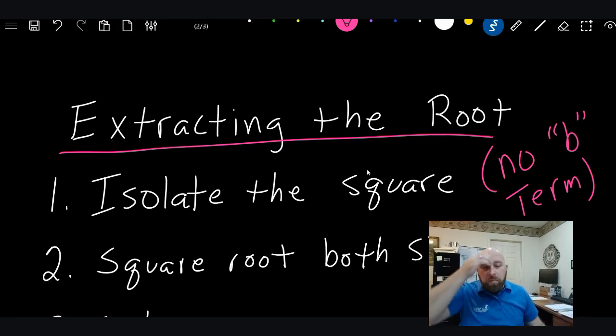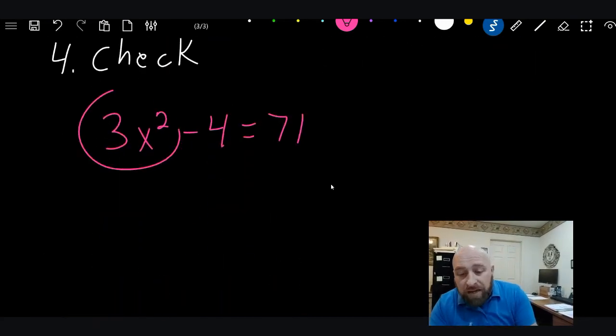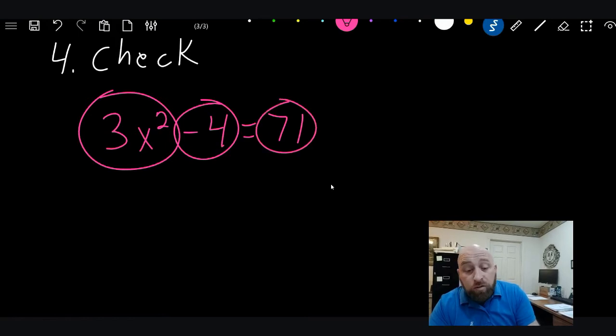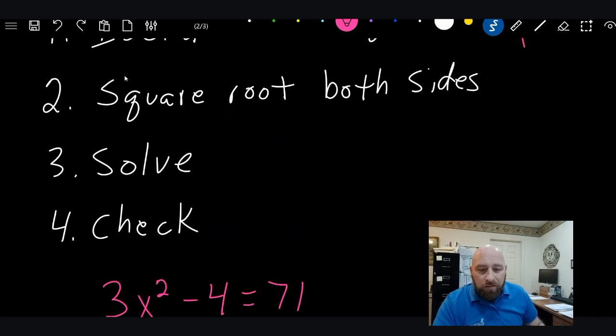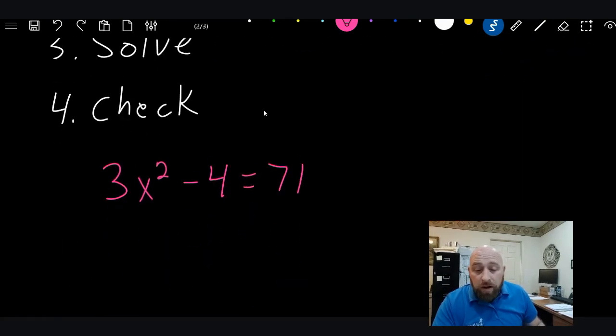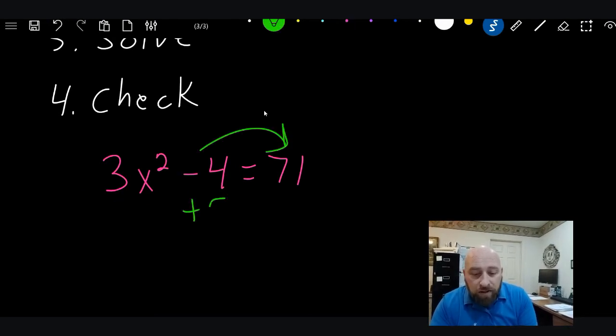When there's no B term, this is like a prime candidate for extracting the root. And in this one, we don't have a B term. Look, we have an A term, and we actually have 2 C terms, okay? And so, yeah, this is the way to do this one, and you just isolate the square. So, in other words, we want to isolate that guy right there. So let's move this -4 to the other side.